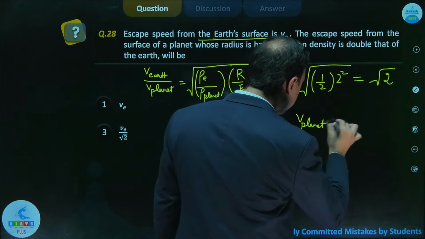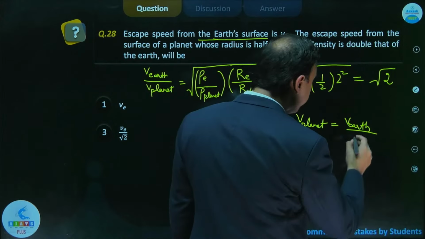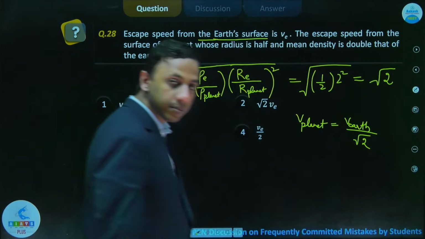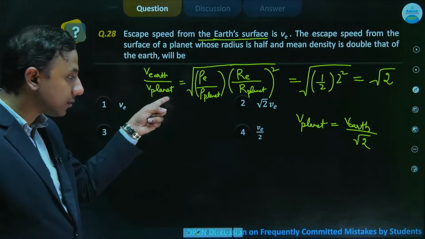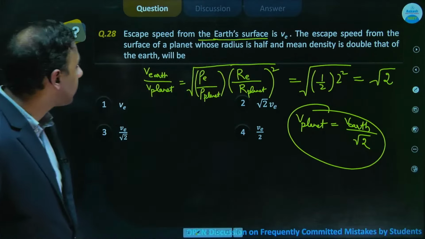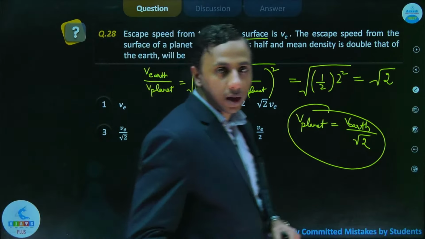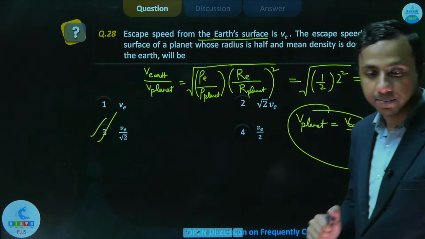Velocity of planet is equal to velocity of earth divided by root 2. See, root 2 will come over here on the LHS. So this is going to be our answer. Escape speed from earth surface is V, so the answer is V by root 2, that is option 3.